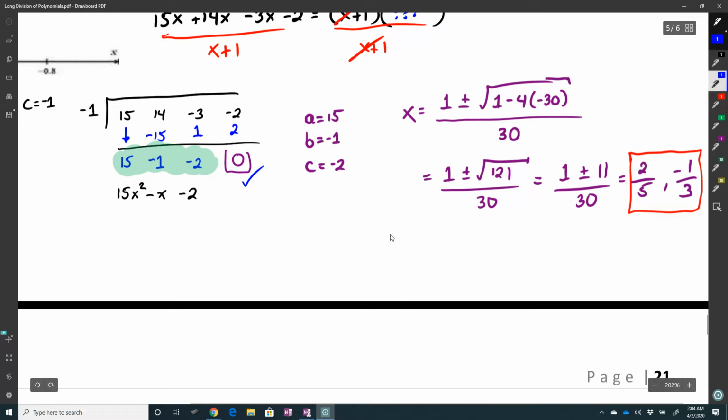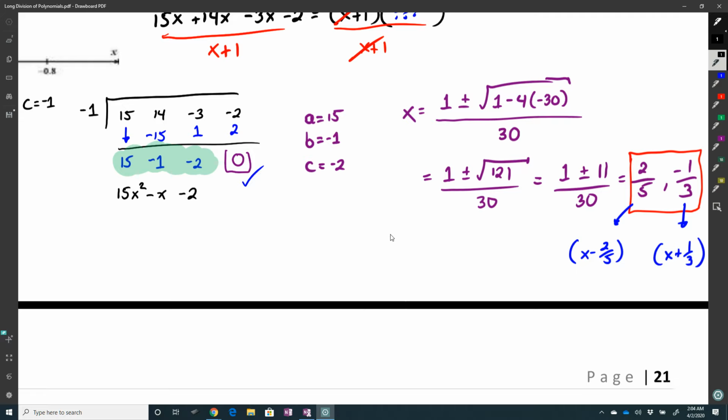Again, each of these corresponds to a factor. This means that x minus 2/5 is a factor. This means that x plus 1/3 is a factor. Combining all my factors together, I know that my equation is going to be, it started with a 15, so that's my leading coefficient.